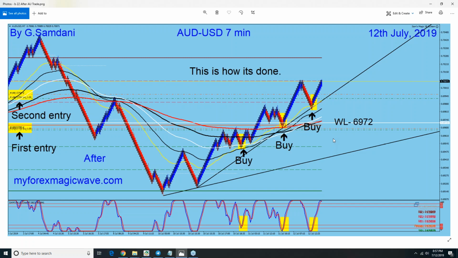So that you understand that this is all planned and very systematic. Okay, if you get the system and you understand it, and if you stick to the rules, it's just amazing. It's in front of you.